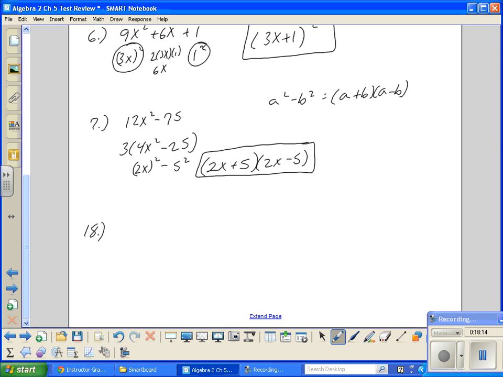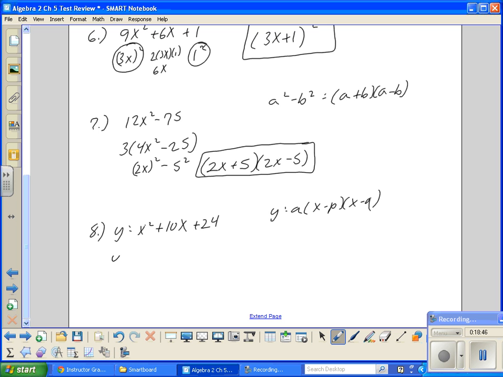And 18 wants us to write, or not 18, 8, which shows on 18. All right, 8 is y equals x squared plus 10x plus 24, wanting us to write it in intercept form, which basically means let's factor it, because intercept form is y equals a times x minus p times x minus q.